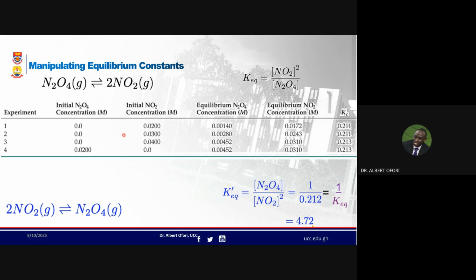We are just taking the first reaction's values. So if you take the first one, the K is NO2 squared divided by the N2O4. I hope you can do that and tell me the answer.